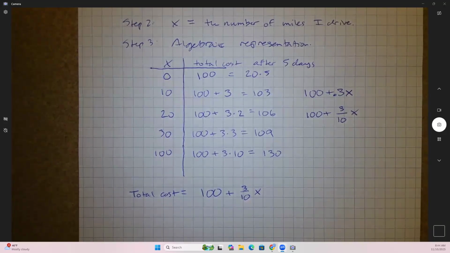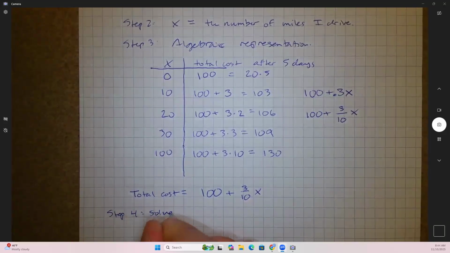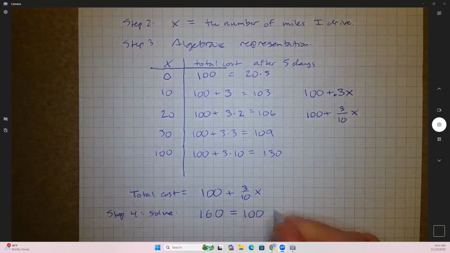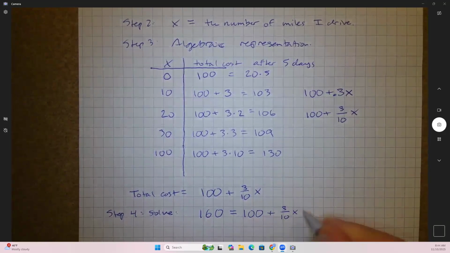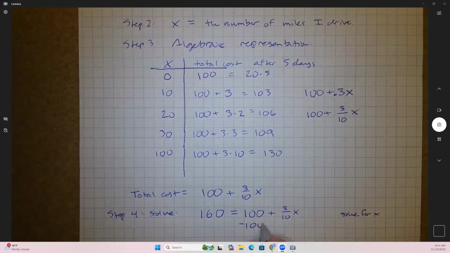That's step 3. Step 4, let's solve it. I wanted to spend no more than $160. So 160 should equal 100 plus 3/10 x. And I solve for x. So I'll start by subtracting 100 from both sides.